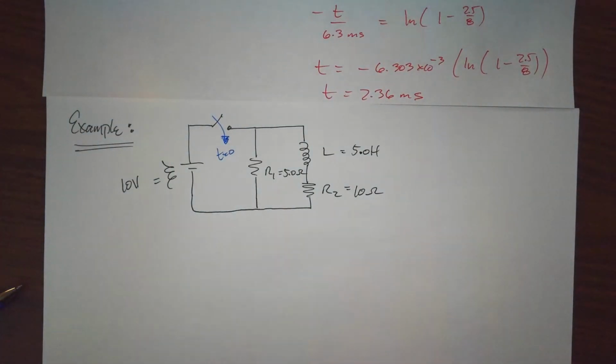Just afterwards, what are the current through each resistor and the current through the switch, the potential difference across the resistors, and the potential difference across the inductor?